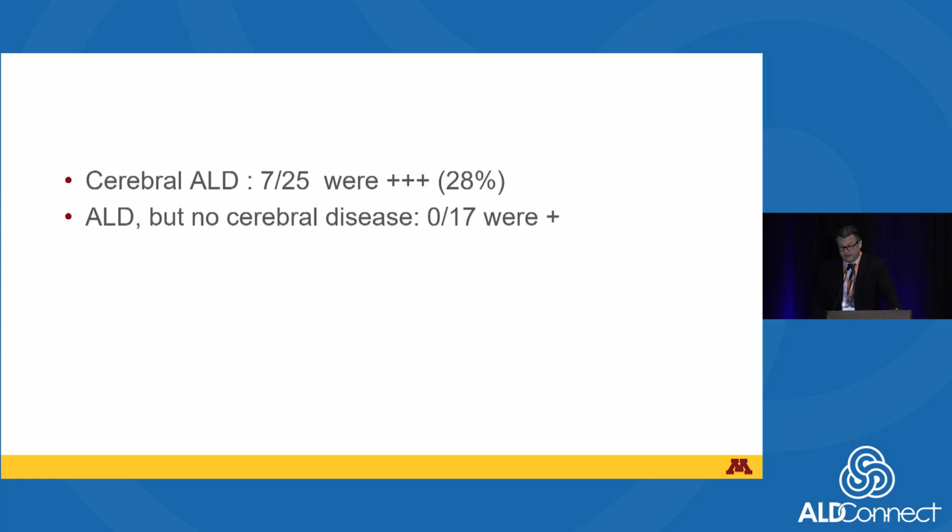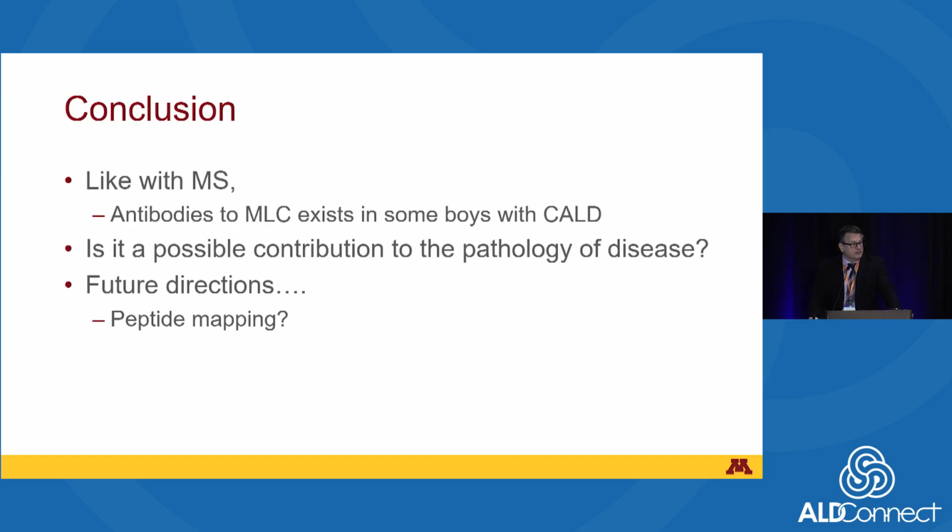So it's a really interesting story. There's not a whole lot more to tell than that it was kind of interesting that maybe this plays a role somehow. Yeah, so like with multiple sclerosis, antibodies to MLC1 exist in some boys with cerebral disease. Is there a contribution to disease pathology? That's what we can discuss, and you can give me ideas on what that would be.